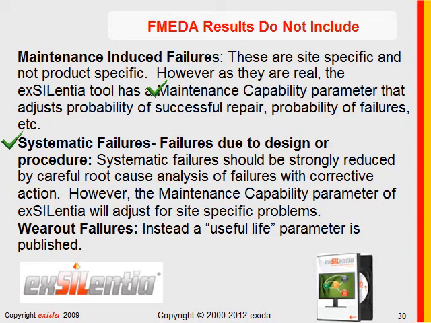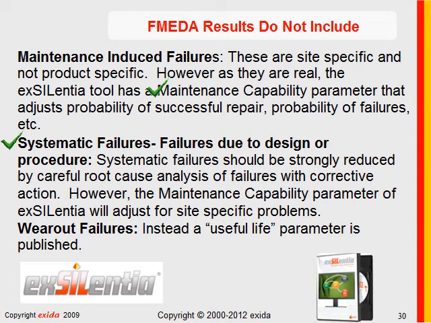FMEDAs do not include systematic failures. And if you read the 61508 definition, you can summarize it in my head by saying failures due to design or procedure errors. Now, systematic failures should be tracked. They are an important part of any good field failure data collection system.